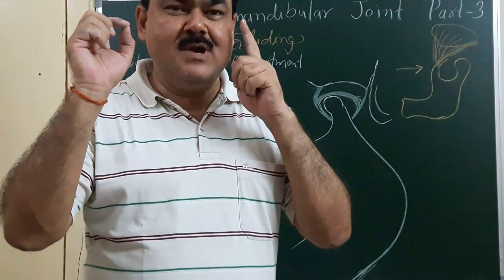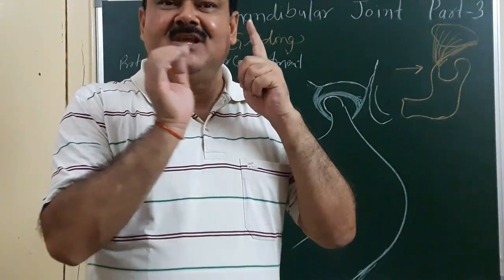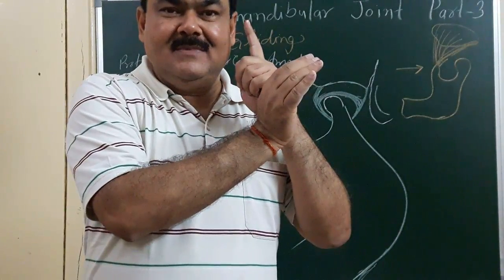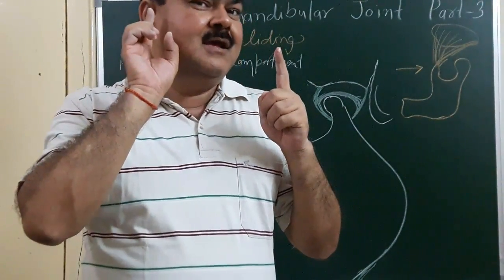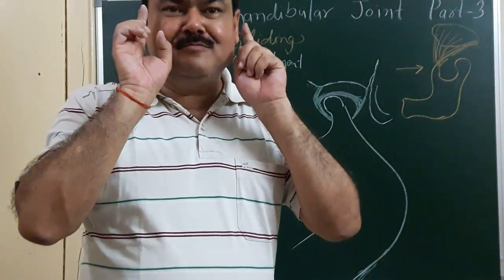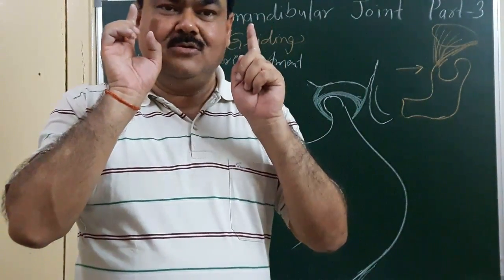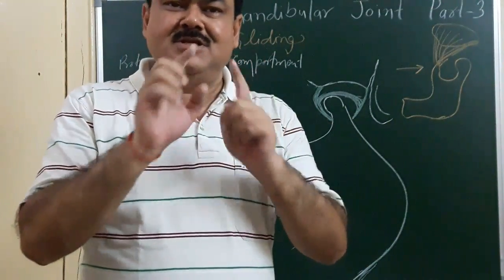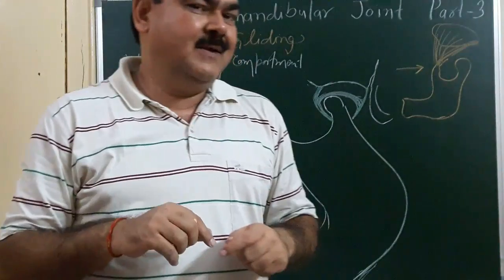This is side to side movement. Like this, the chin moves toward the left side. And if the right side is fixed, then the left side moves forward, so the chin moves to the right side.